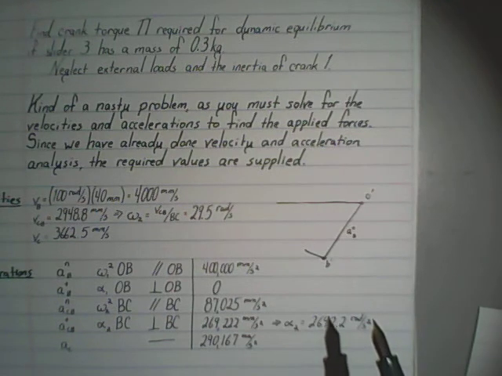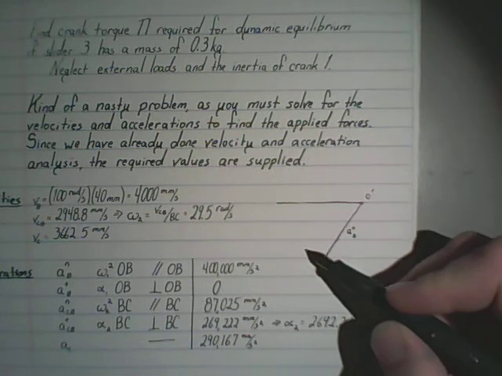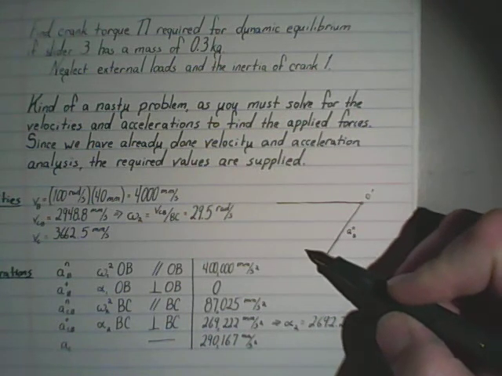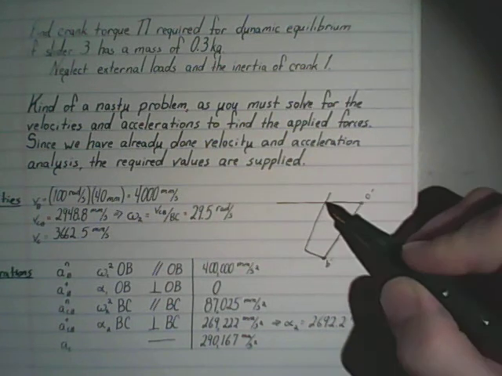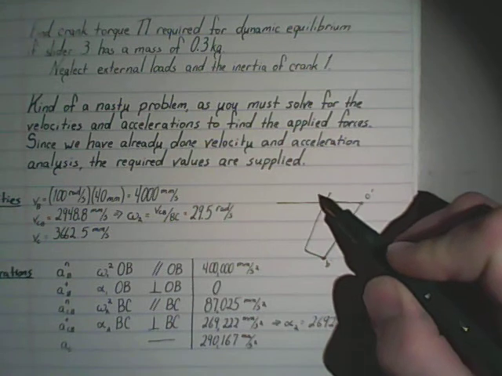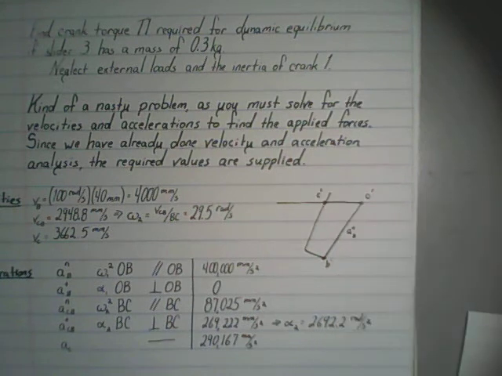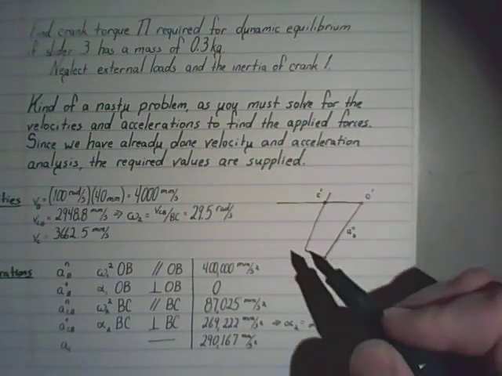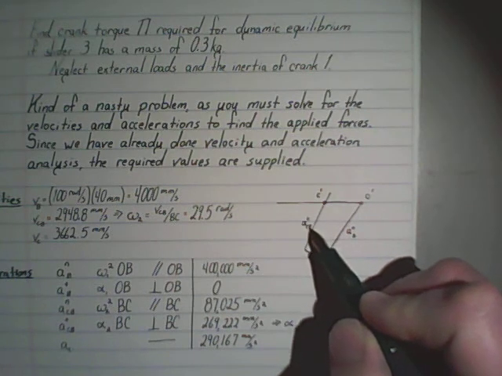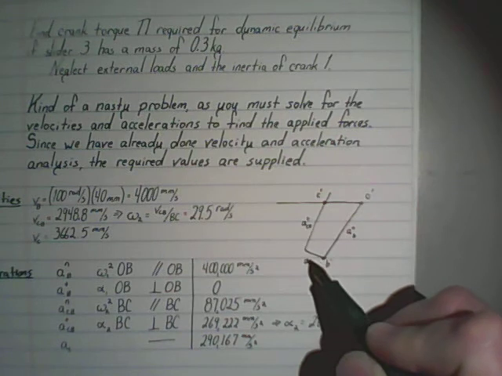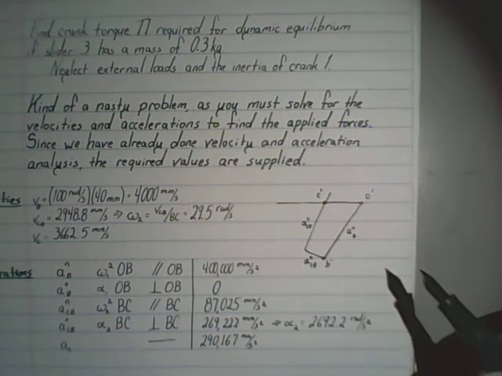The other thing I know is that the tangential acceleration of C with respect to B is always perpendicular to the straight line between C and B. I know that it starts here, and if I sketch something like a perpendicular line just by hand, I know that it'll go like that. The intersection of these lines then defines the acceleration of C horizontally and also gives me the tangential acceleration of C with respect to B. And as I noted before, I already had the normal acceleration of C with respect to B.